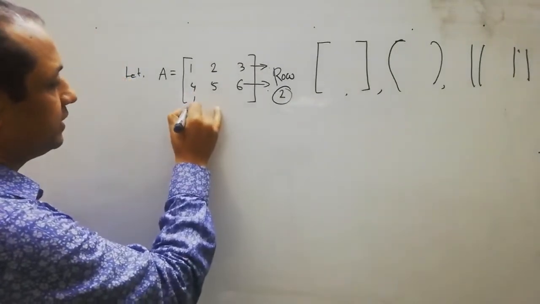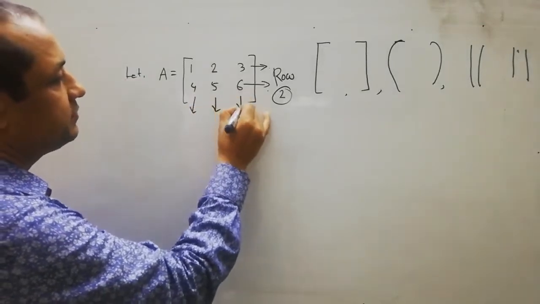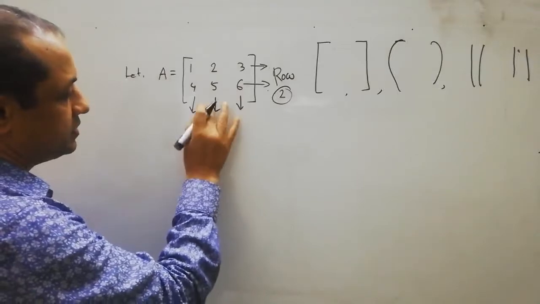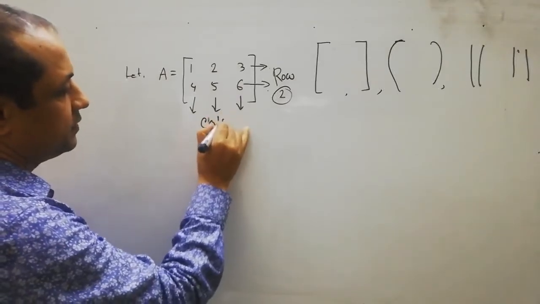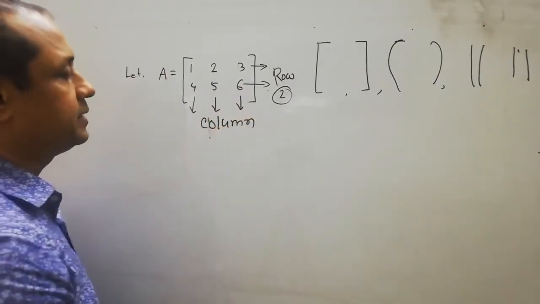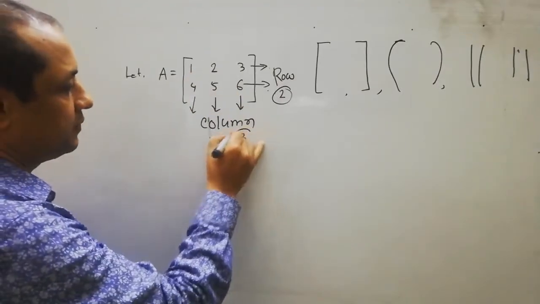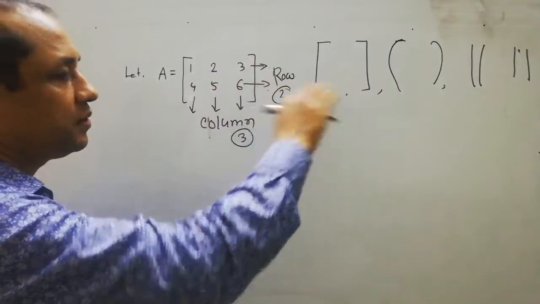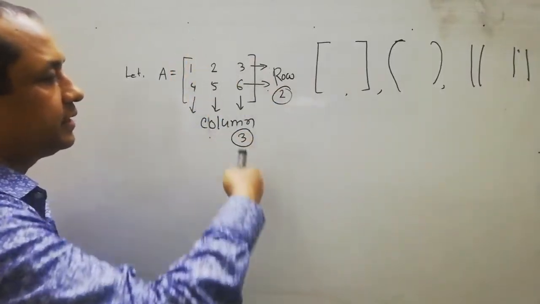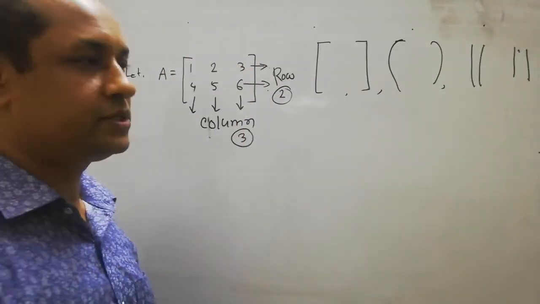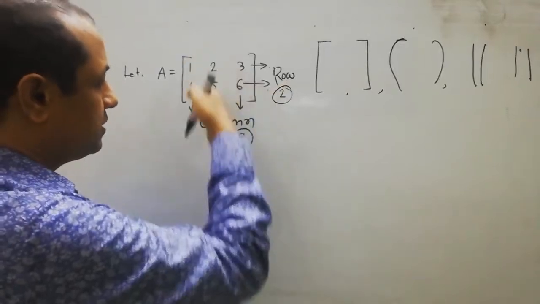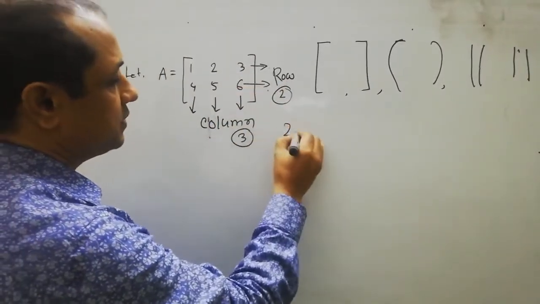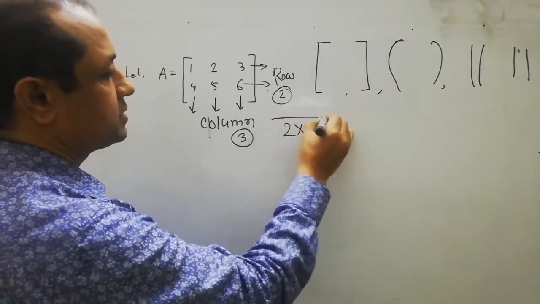Then the vertical lines: here there are 3 vertical lines, called columns of a matrix. Here there are 3 columns. I say again, students, a horizontal line is called a row of a matrix and a vertical line is called a column of a matrix. Here 2 rows and 3 columns. So this matrix is called a 2 by 3 matrix.